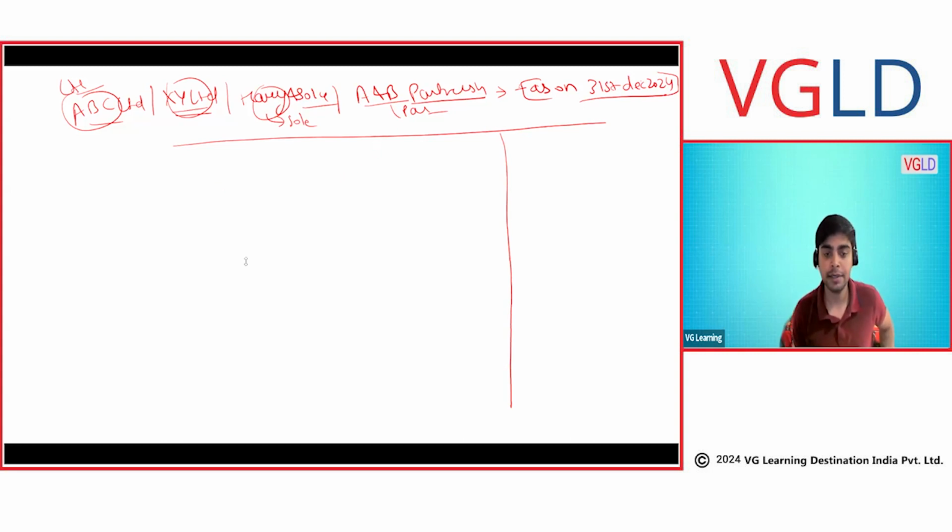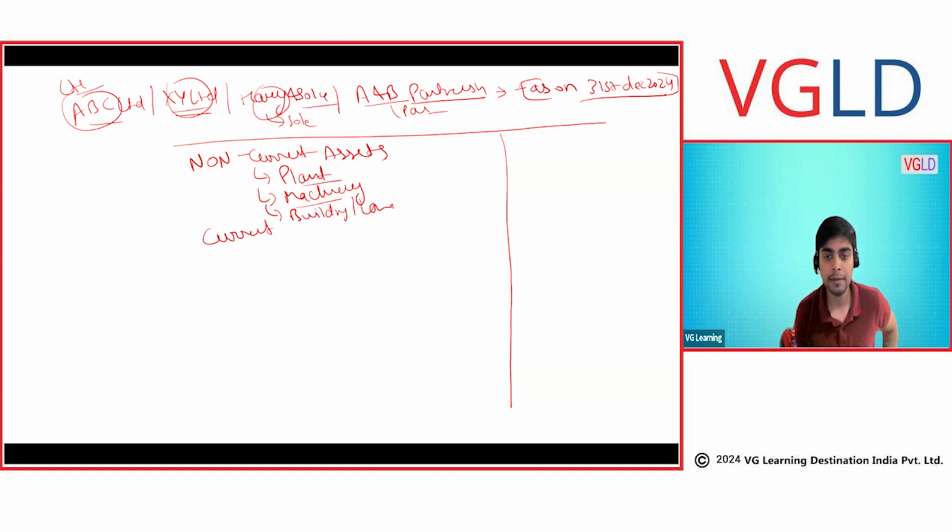Normally when we create a balance sheet, we first start with assets. It will be non-current assets, let's say plant, machinery. What these are, we'll discuss, don't worry. Plant, machinery, or let's say building, land.